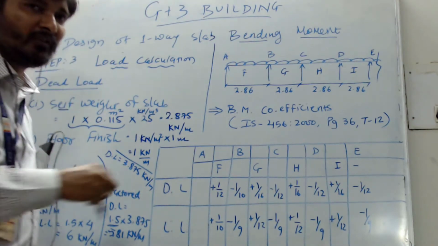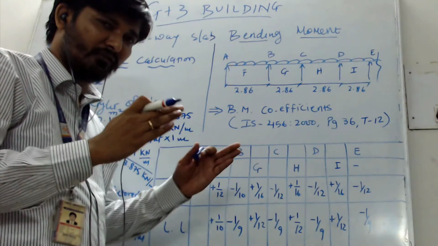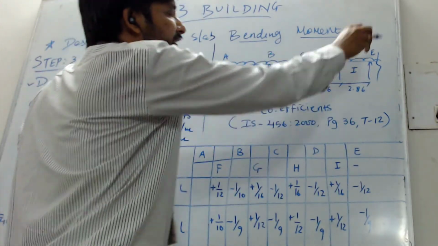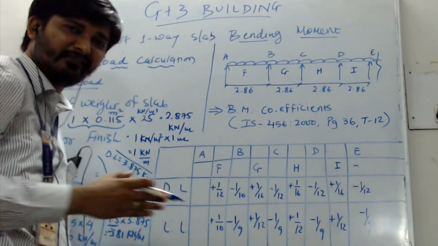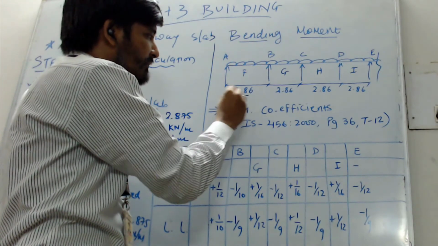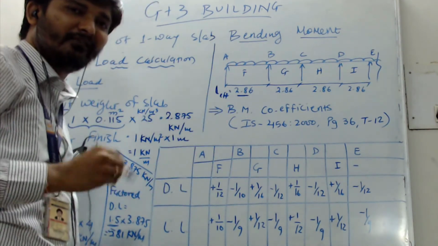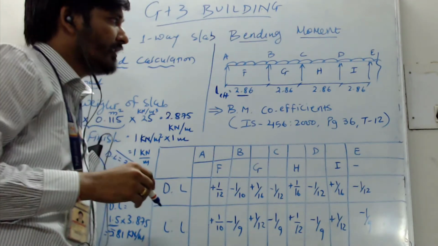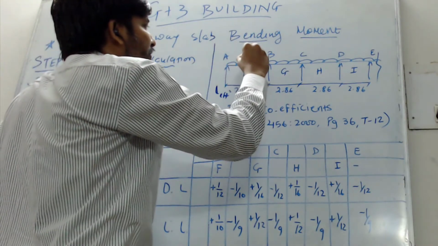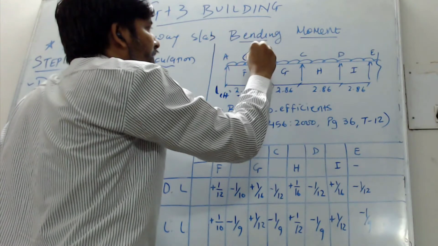I have drawn a continuous slab which is a section of our building plan. So this is A, B, C, D and so on. I have taken a section. The span is 2.86. This 2.86 is nothing but the effective length that we have calculated in the previous step. The loading that is shown here, this UDL, is a combination of dead load and live load.